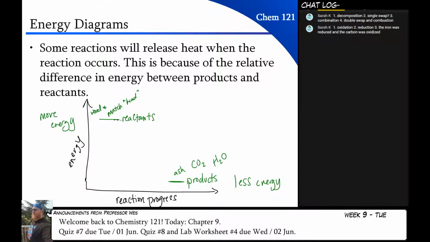Now, if I did something like this, this would imply that all my reactants will just dump all their energy and become products. But we need an activation energy to do that. And so what we're going to do is change this just slightly. We're going to go like this, and you'll see what I'm doing here.